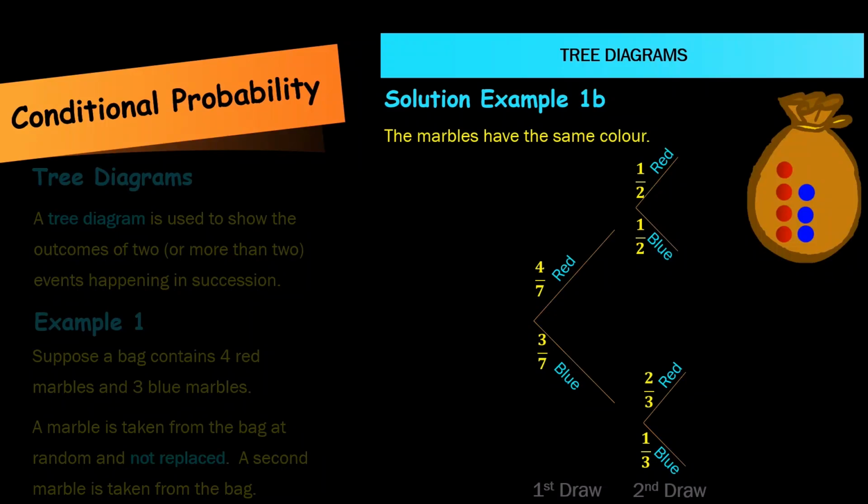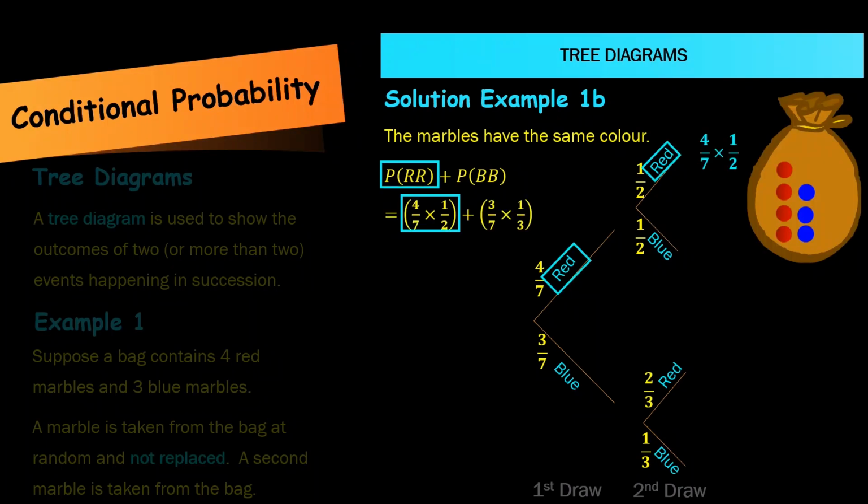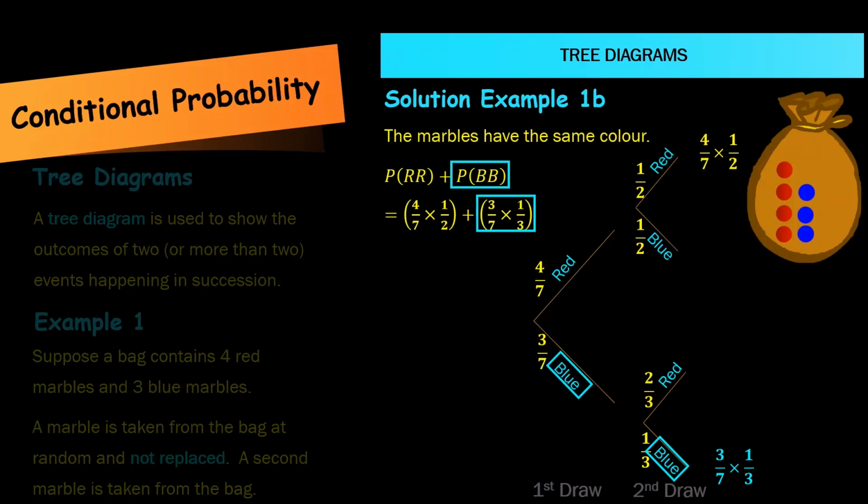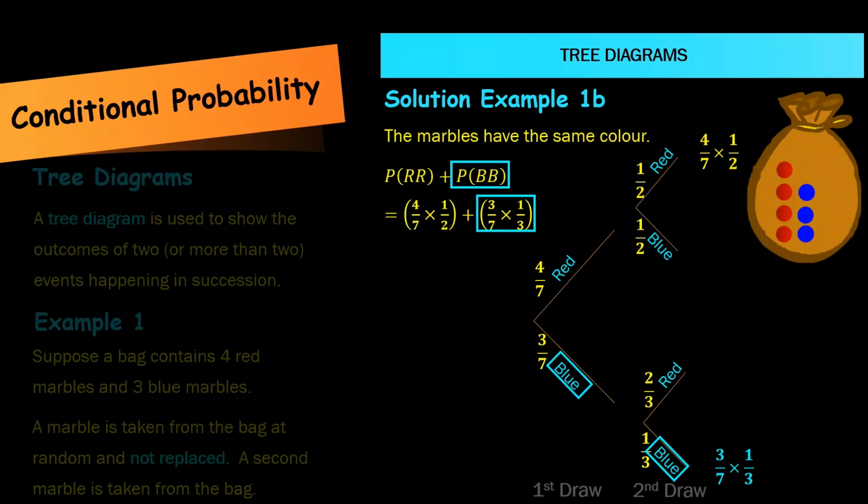Now for part B, we are required to find the probability that the marbles have the same colour. So this is going to be probability of red-red plus probability of blue-blue, which equals 4 out of 7 times 1 out of 2 for probability of red-red plus 3 out of 7 times 1 out of 3 for probability of blue-blue.